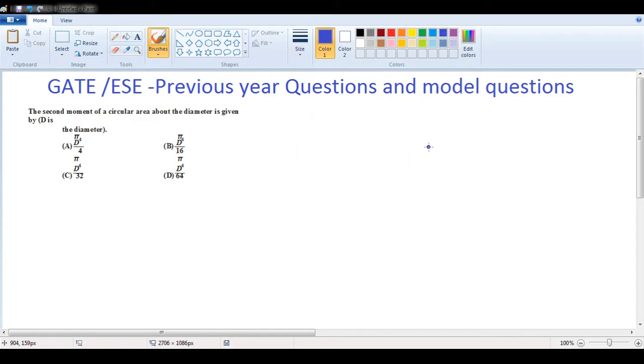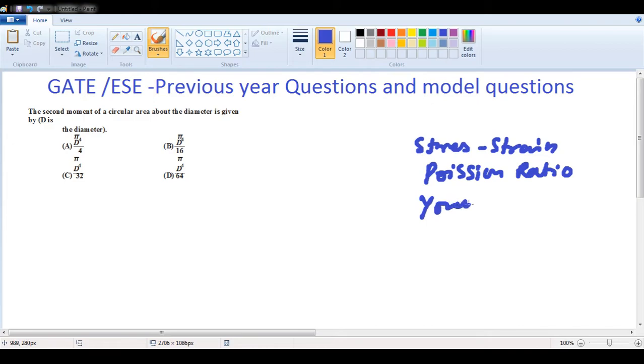with topics like stress, strain, then based on Poisson ratio, right? Then we have Young's modulus, then modulus of rigidity, right?